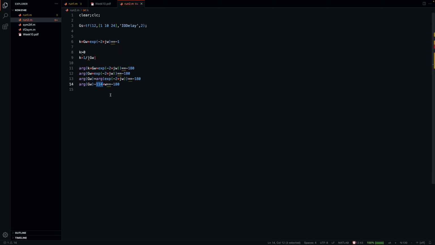So what I mean by that is, we call basically everything that is related to this here in phasor form, minus 180 degrees, the stability measures.